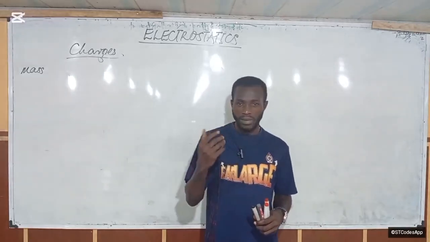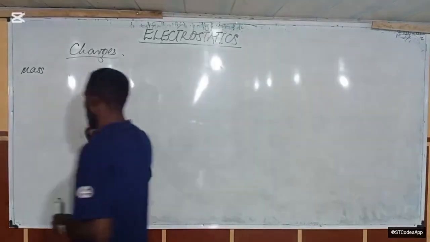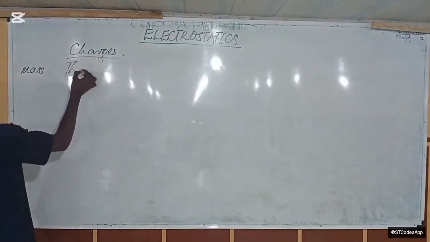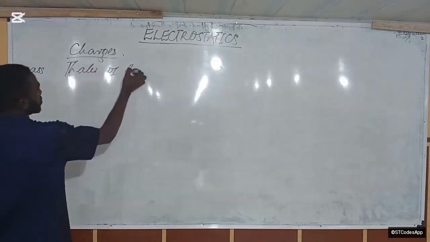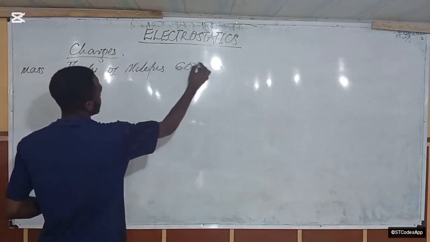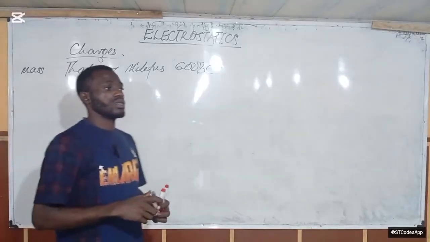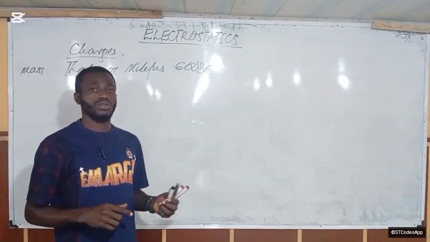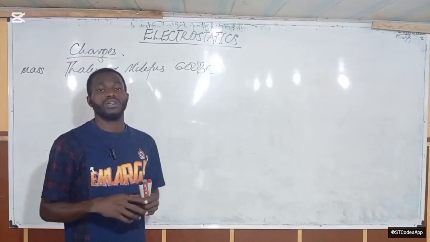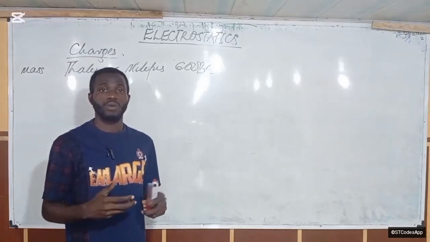Just to go down the historical lane, in about 600 BC, Thales of Miletus had already observed that when you rub pieces of materials together, basically amber, those materials become attractive.